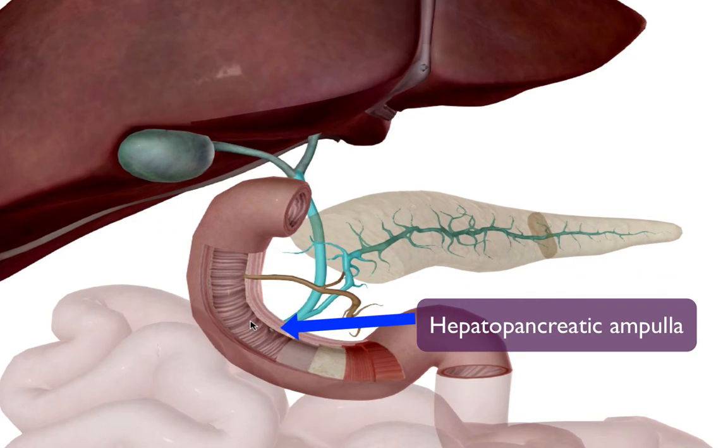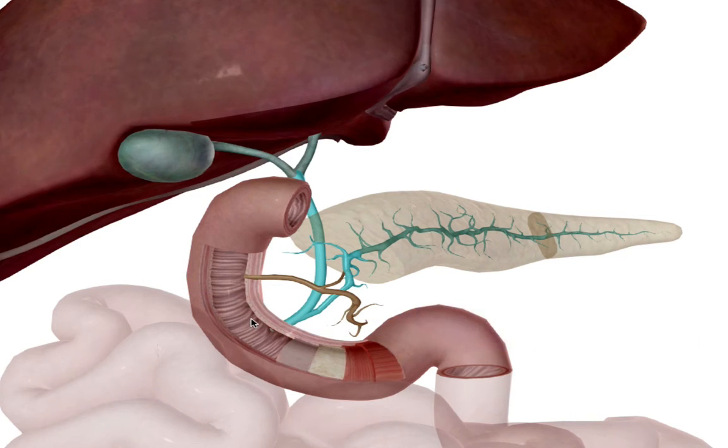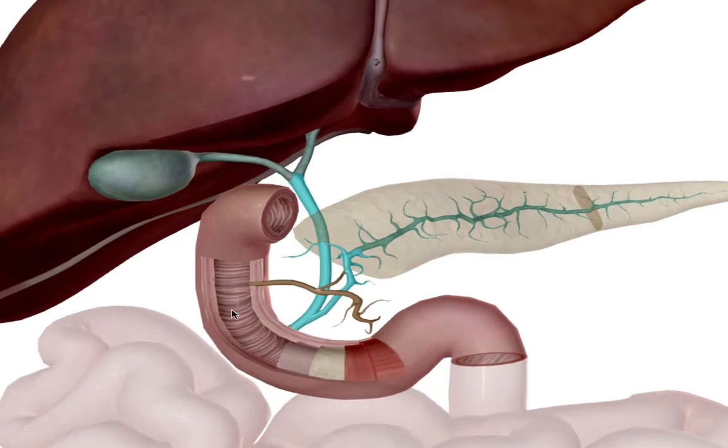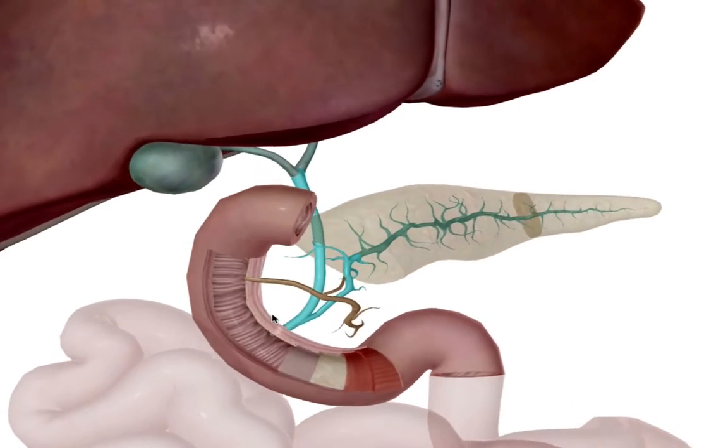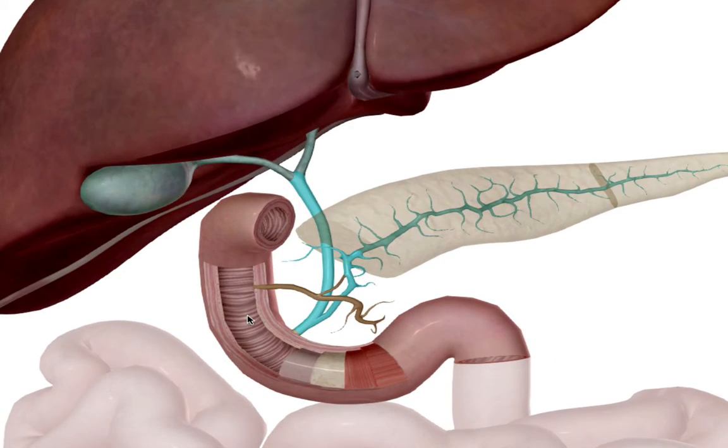And that's because as soon as that acidic chyme comes out of the stomach, they want to buffer that so that it can continue its digestive process down the long small intestine.